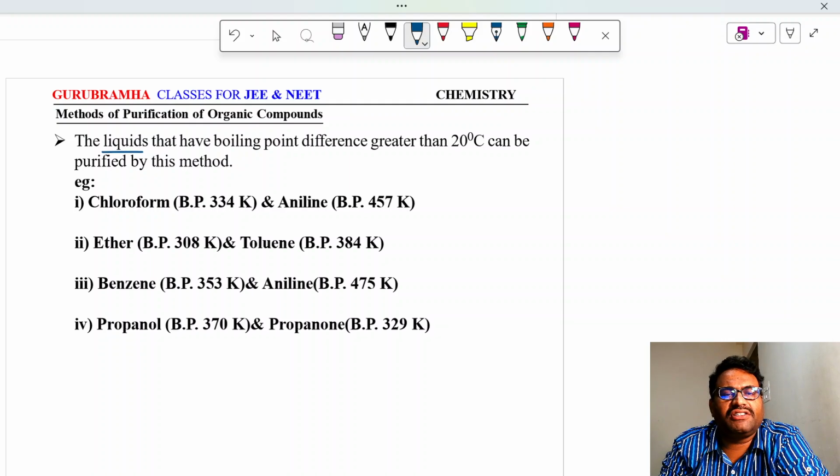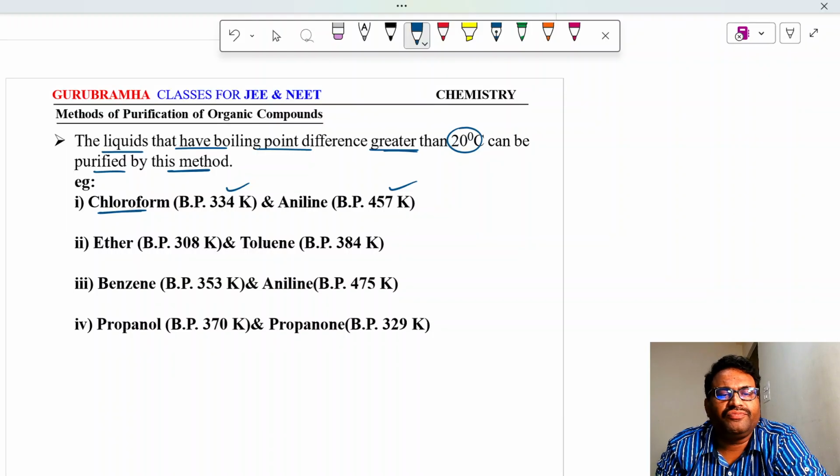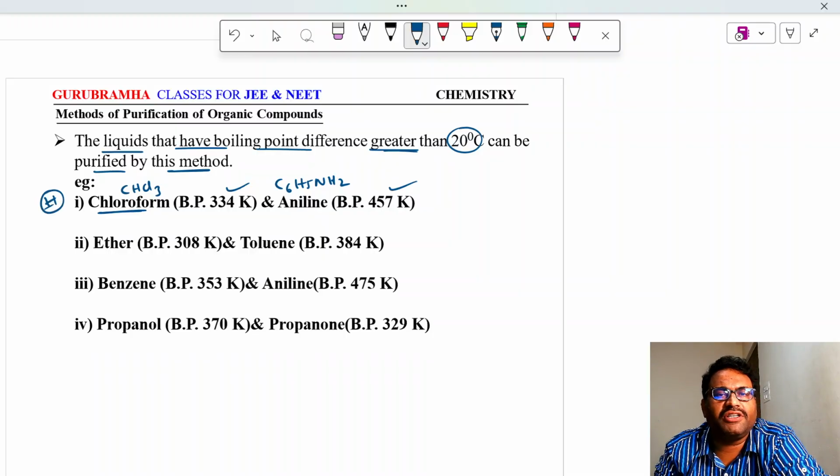See, the liquids that have boiling point difference greater than generally 20 degrees centigrade can be purified by this method called as simple distillation. See here, boiling point 334, 457. So chloroform is having boiling point of 334, right? CHCl3, and C6H5NH2, aniline. This example is asked in previous examinations.